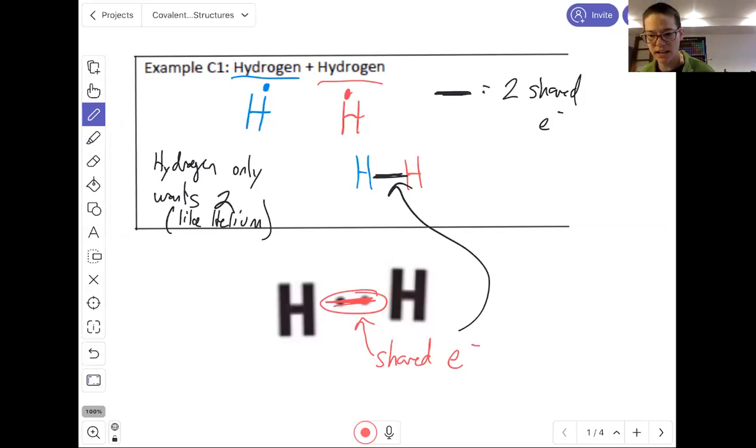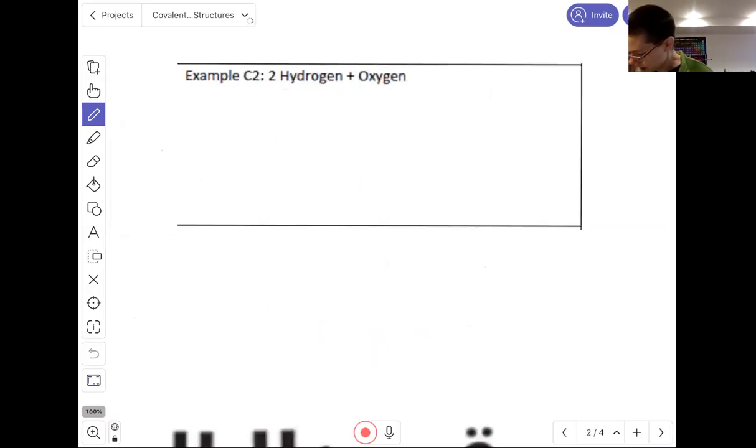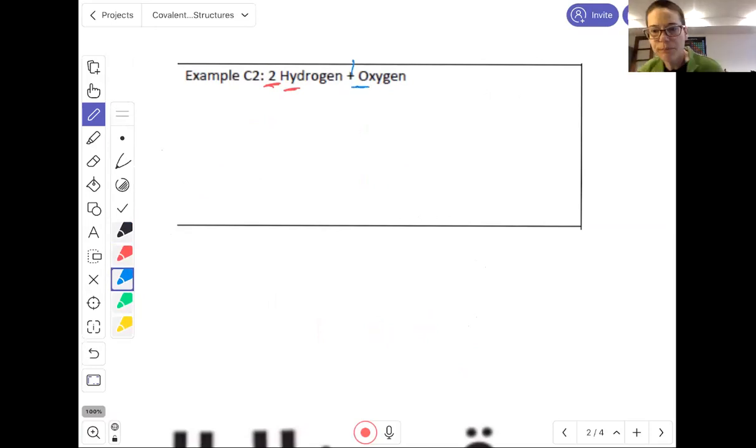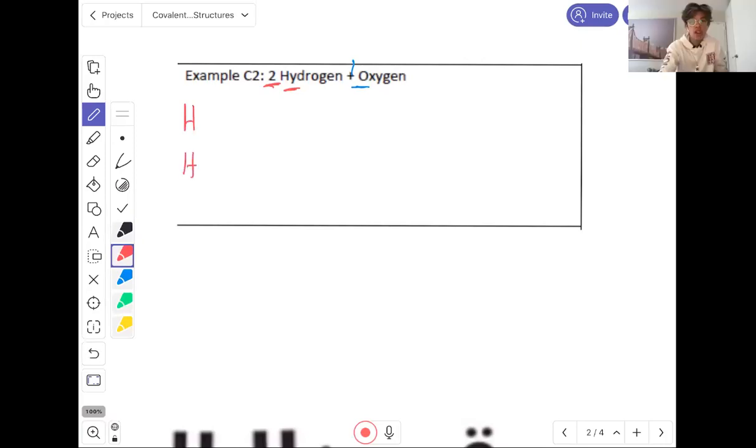And we can make it a little bit more complicated. So the next one would be 2 hydrogens plus an oxygen. So again, I'm telling you that you've got this many of this element, and I'm assuming that I only have 1 oxygen. Yes, of course it's water. So again, my 2 hydrogens, and each hydrogen has how many dots? 1.